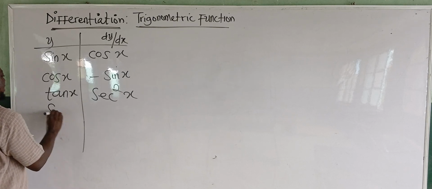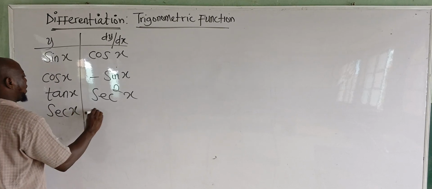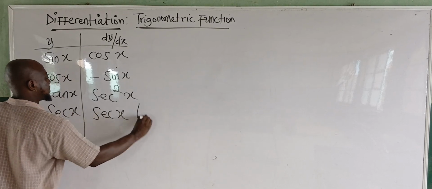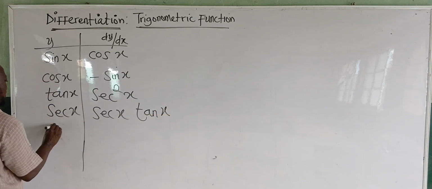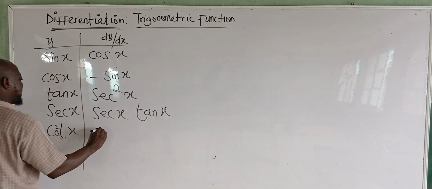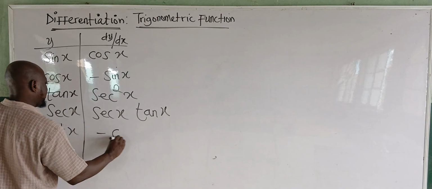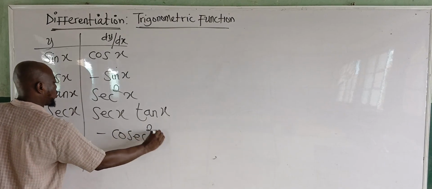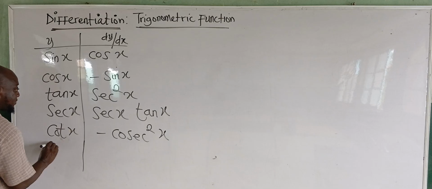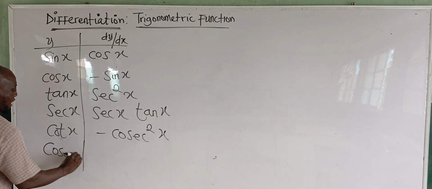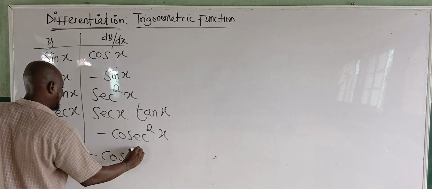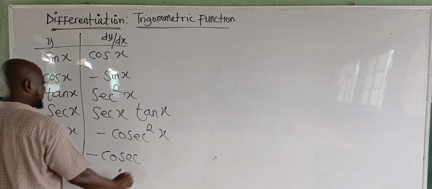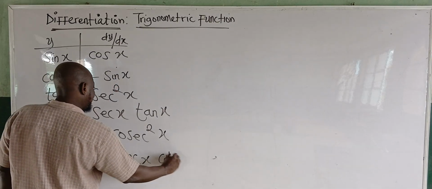If I have sec x here, I will have sec x tan x. If I have cot x here, I will have minus cosec square x. If I have cosec x here, I will have this value and this value here.